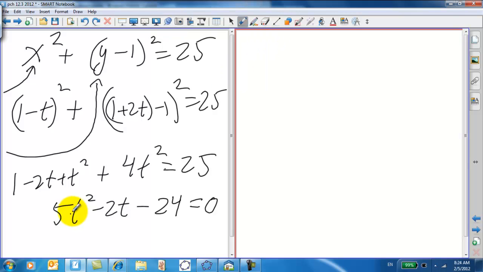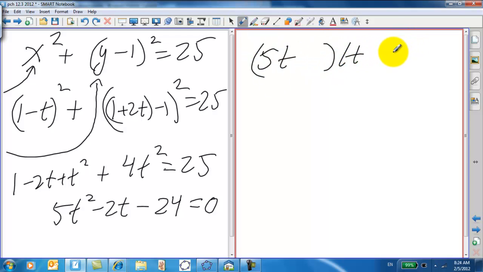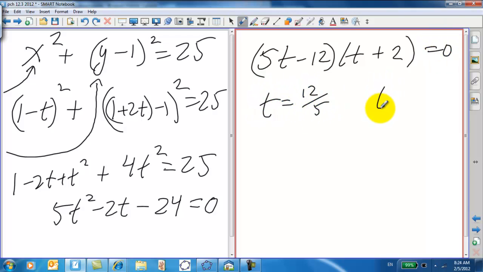Into 5t times t, and 24, I'm thinking 2 and 12. 12 and 2, and then I'll get 10t and 12t, so let's make this a minus and this a plus. So we get at time equals 12/5 seconds, and at time equals negative 2.